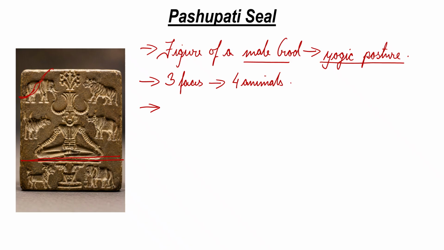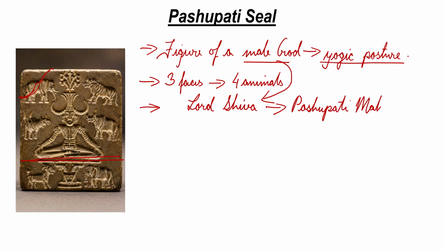Now, many scholars identified this male god as Shiva or Mahadev. So, this male god has been identified as Lord Shiva by many scholars, or it has also been called Pashupati Mahadeva. Pashupati Mahadeva means Lord of animals.